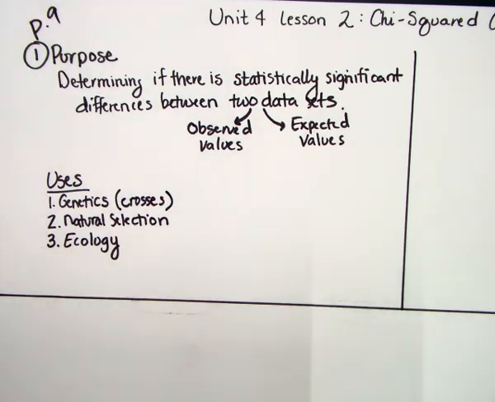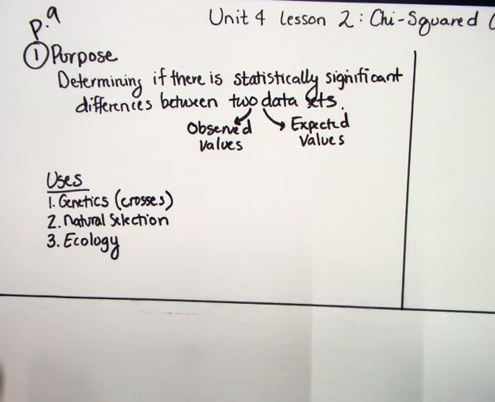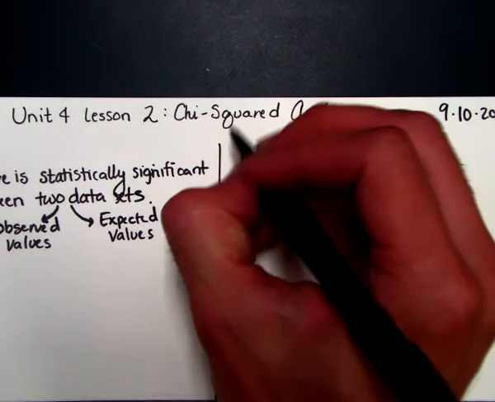All right. Now there's a couple of things that we use when we're carrying out a chi-square test. So we're going to get to the process.